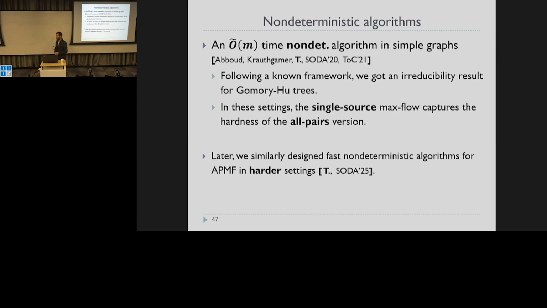So we can call back the shortest path situation and see that here, maybe rigorously, we can tell that the single source is just as difficult as the all pairs version, but still just for non-deterministic algorithms.